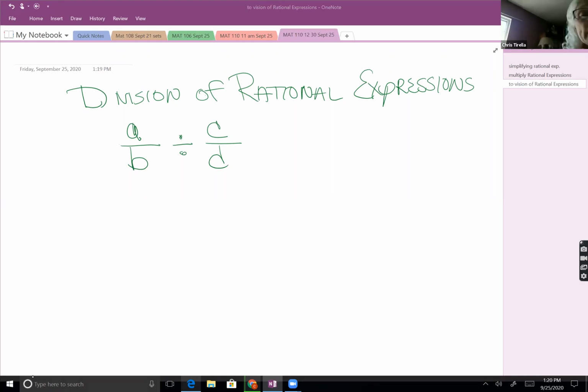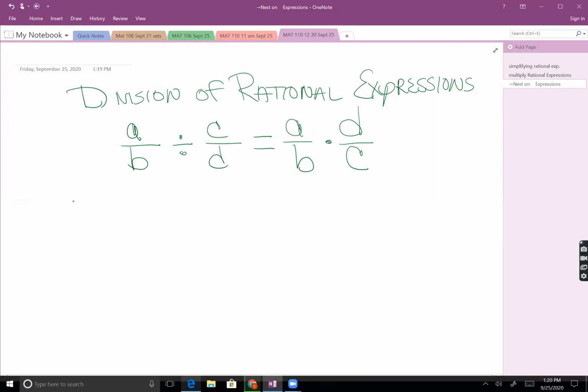Does the idea of keep the first fraction the same, change the division into multiplication, and then has anybody heard keep, change, flip? Take the reciprocal of the second fraction. Is that at all familiar? Keep, change, flip? Yeah.